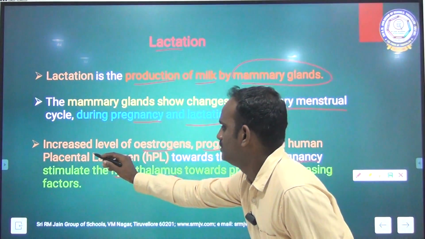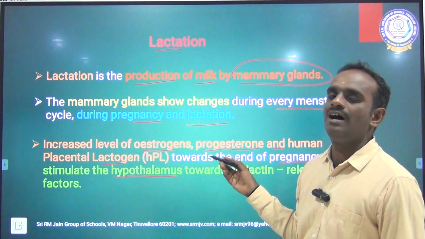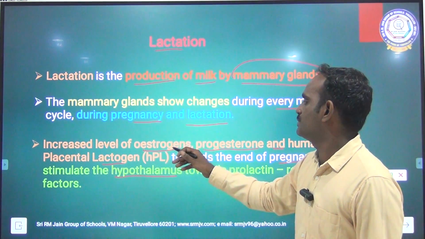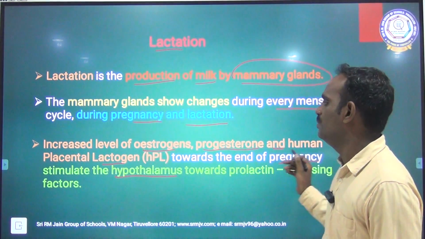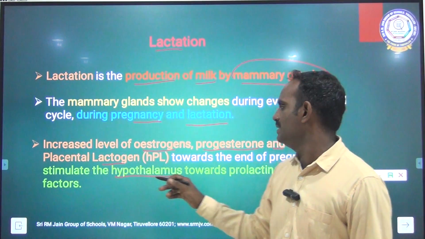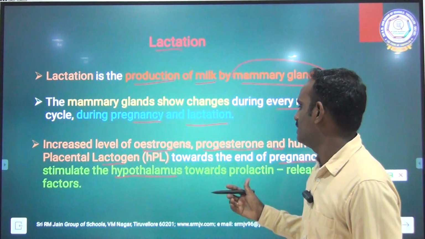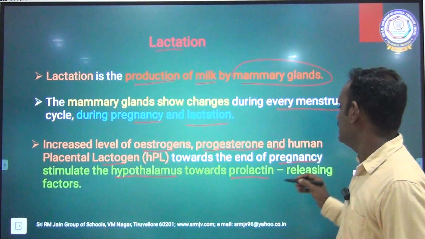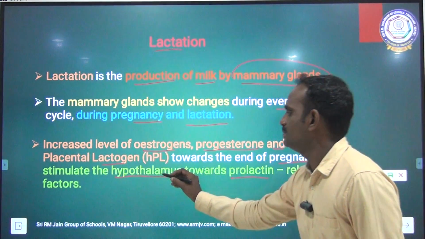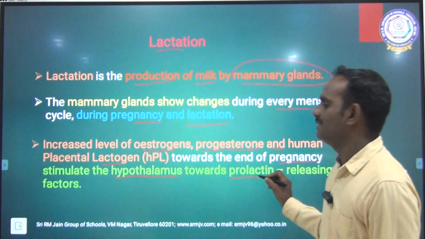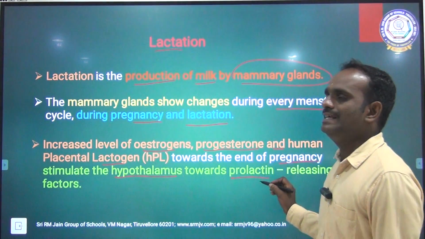So due to increased levels of these hormones, estrogen, progesterone and human placental lactogen, towards the end of pregnancy, the hypothalamus stimulates the prolactin releasing factor.